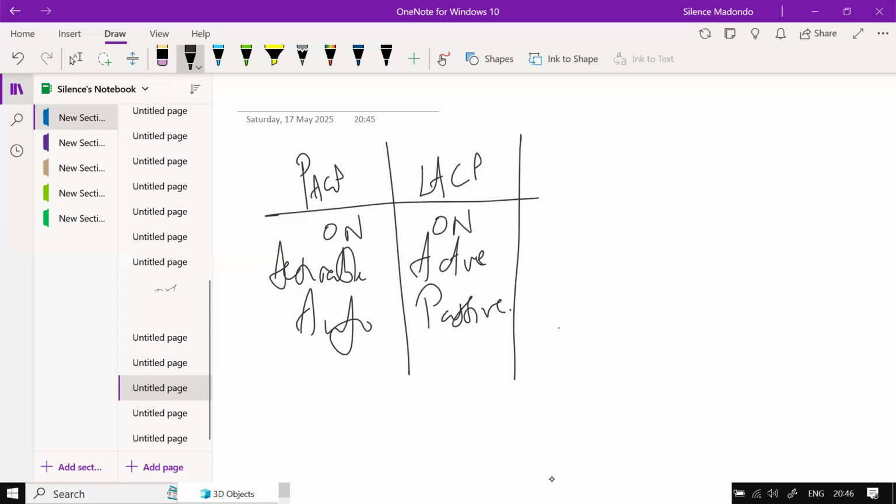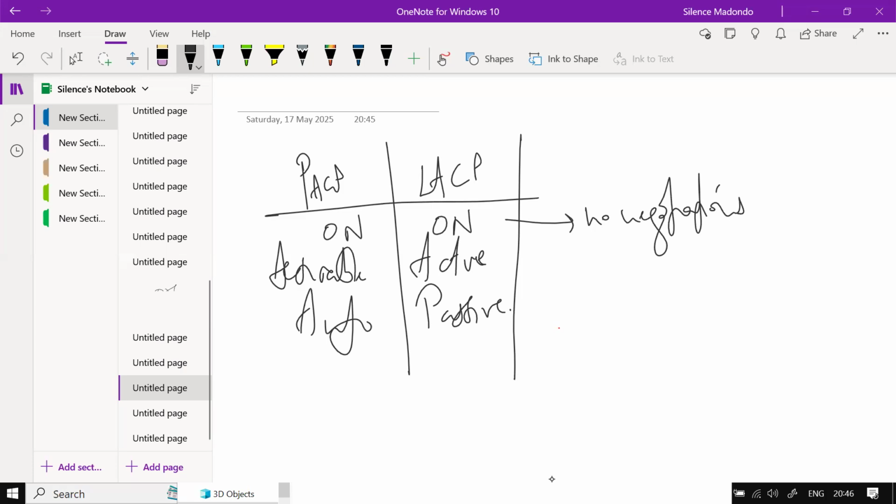And what does on mean? On means the link is active, but there are no negotiations. We've basically disabled negotiations.